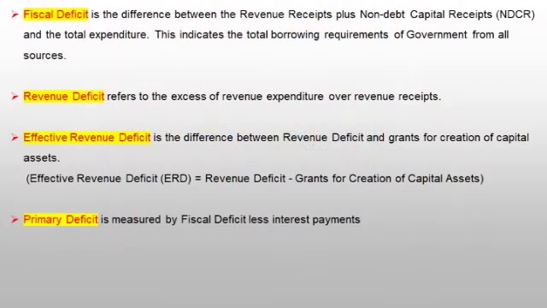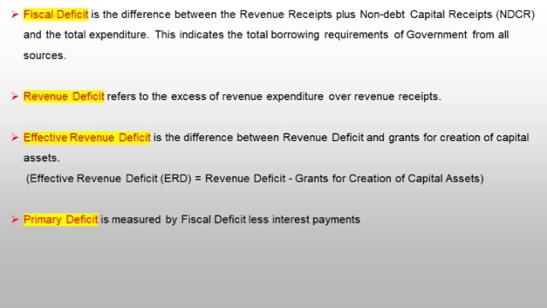Now, friends, seeing this, let us try to understand something about the deficit. Because I said to you, governments many times do not have enough funds to fund the programs. So what they do is go for deficit financing. Now let us see the various types of deficits.